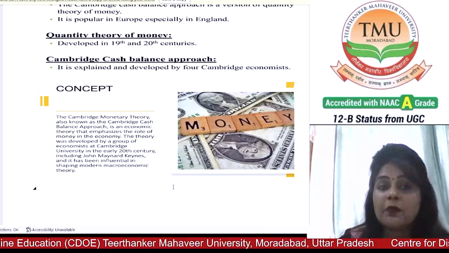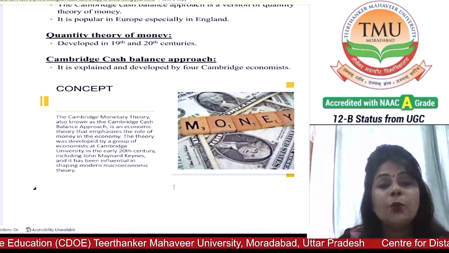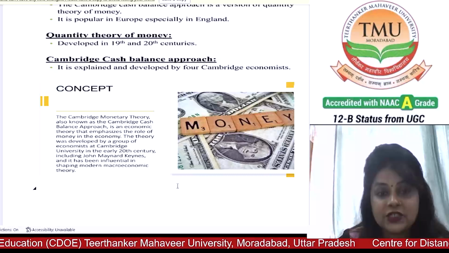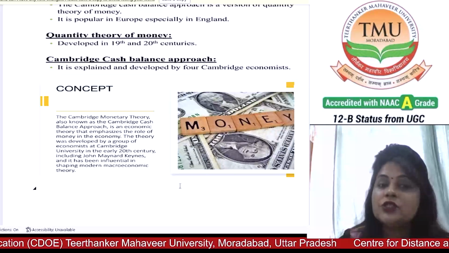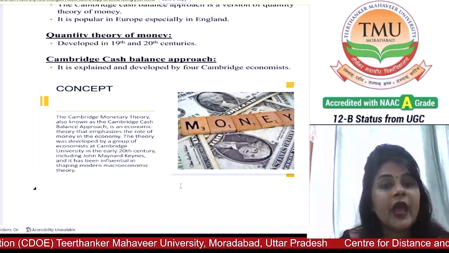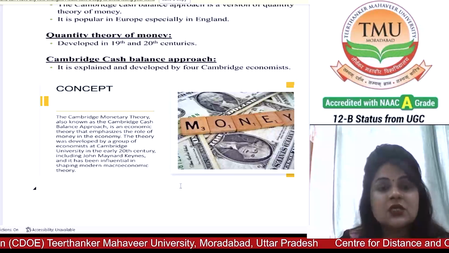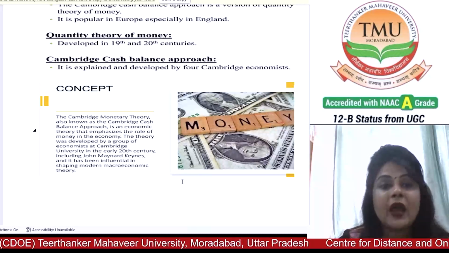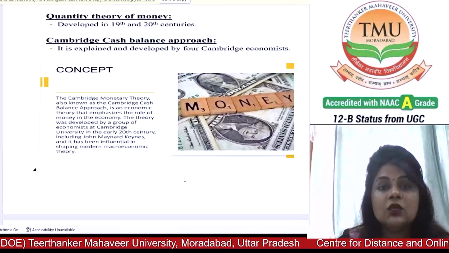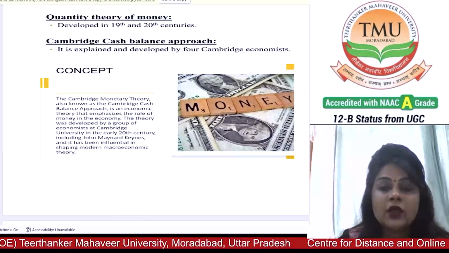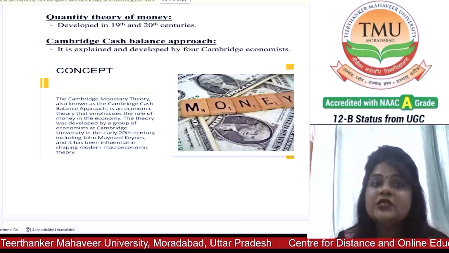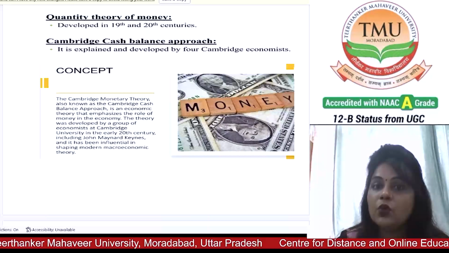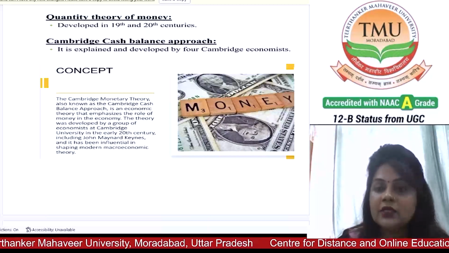The theory was developed by a group of economists of Cambridge University in the early 20th century, including John Maynard Keynes, and it has been influential in shaping modern macroeconomic theory. This approach was given by the Cambridge economists Marshall, Pigou, Robertson, and Keynes.